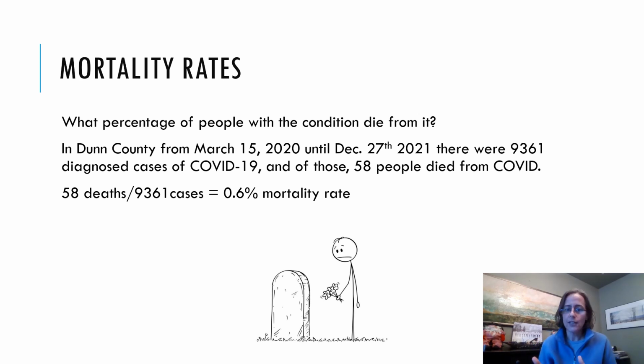So if we look, for example, in Dunn County, when I did this course last year, I looked at from March 2020 until December 27, 2021, there were 9,000 or better diagnosed cases of COVID-19, so that was incidence, right, if I controlled for the population, and 58 deaths from COVID. So 58 deaths out of 9,361 cases equals a 0.6% mortality rate. Now, you might think 0.6%, that means 99.4% of people lived, so that's really good, right?